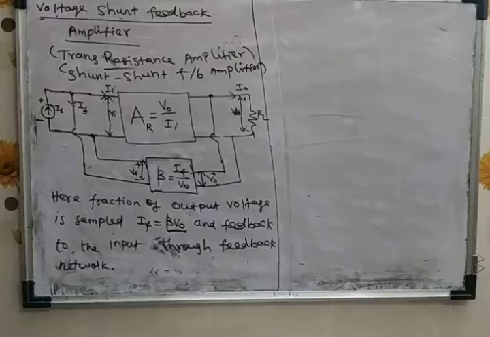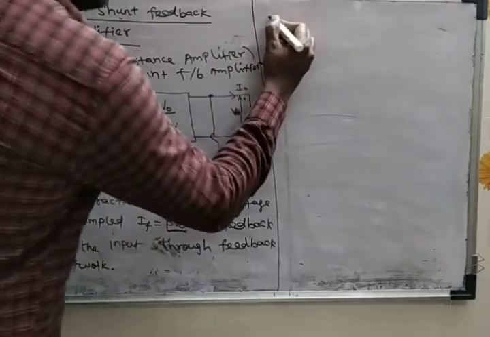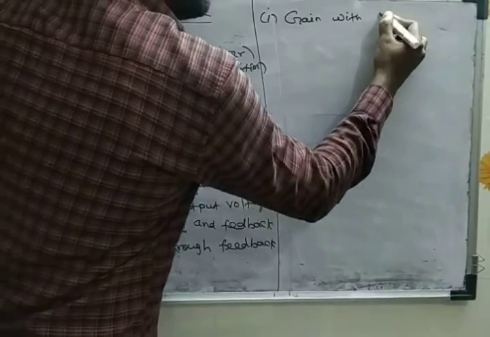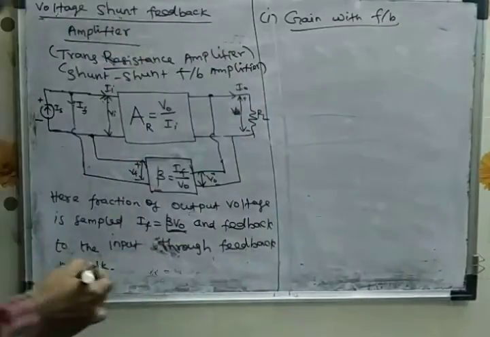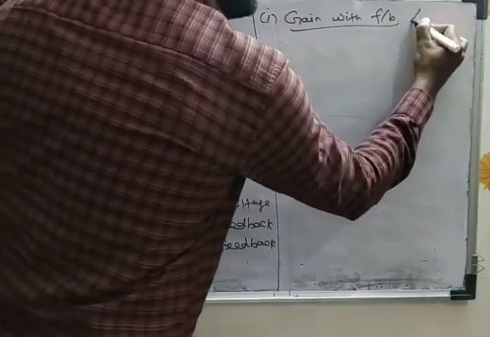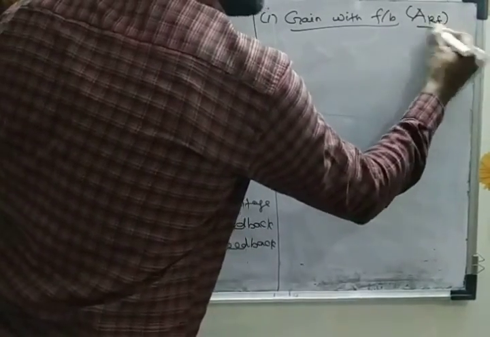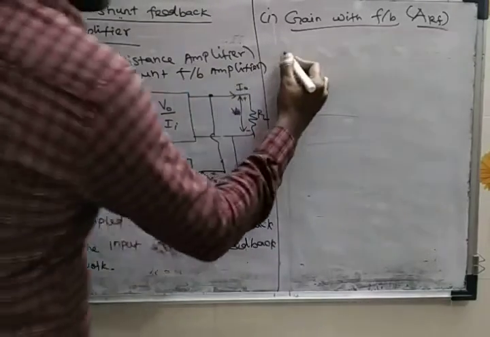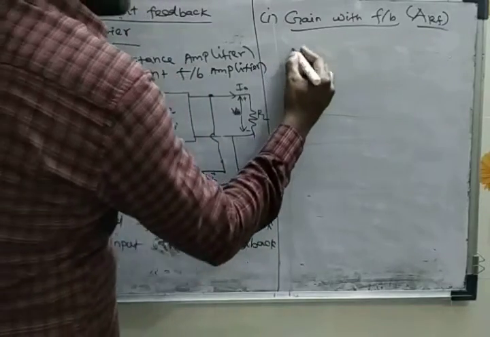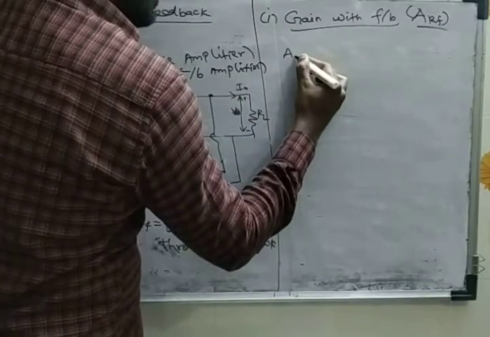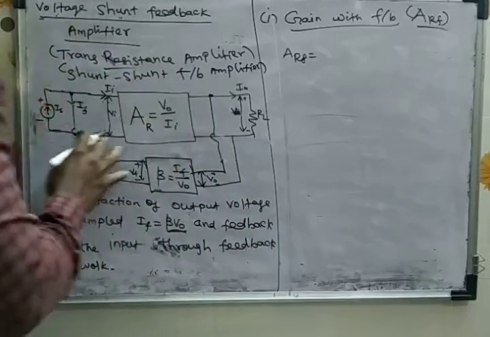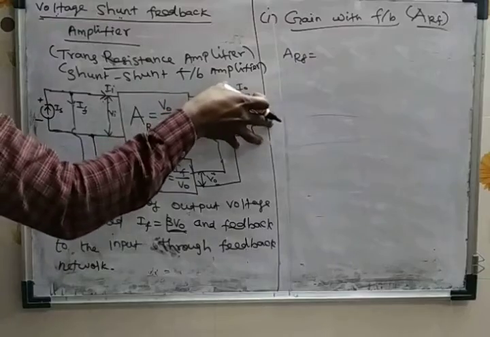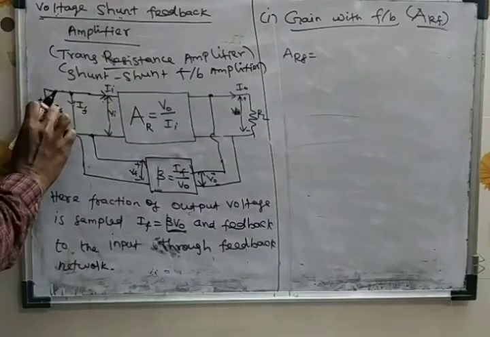So here also we are going to find the gain with feedback. Gain with feedback I am representing as ARF. So ARF is the gain of the whole amplifier: output V naught to the input current source IS.